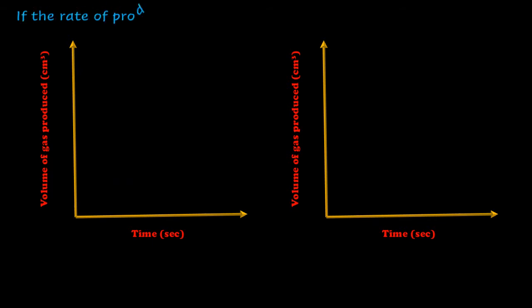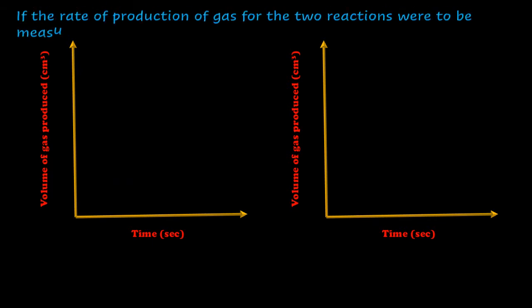Let us look at the rate of production of gas in the sense of a plotted graph. On our vertical axis, we want to plot the volume of gas being produced in cubic centimeters, and on the horizontal axis, we want to consider the time taken to produce that particular volume of gas.